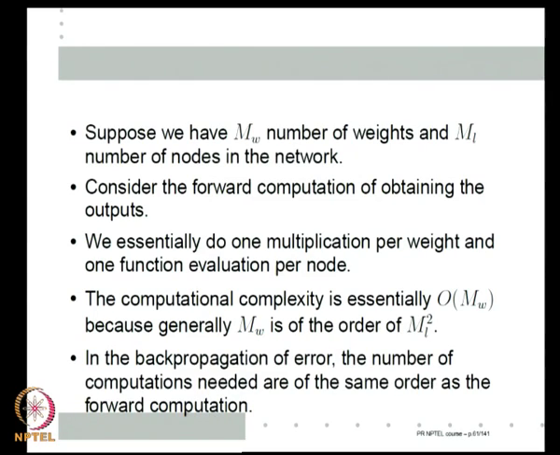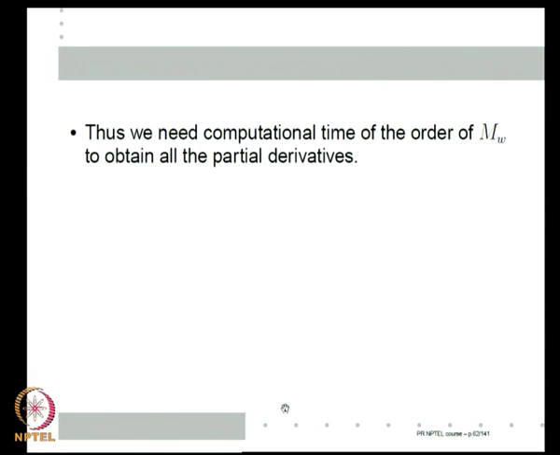So, it is not particularly different. Now, one pass of backpropagation gives me all the partial derivatives with respect to all the weights, which means we need computation time of the order of MW to obtain all the partial derivatives.